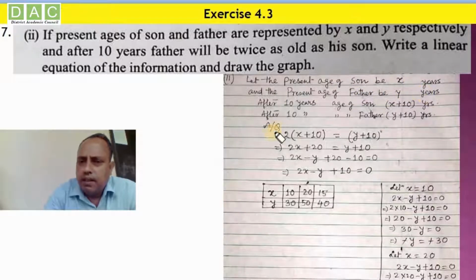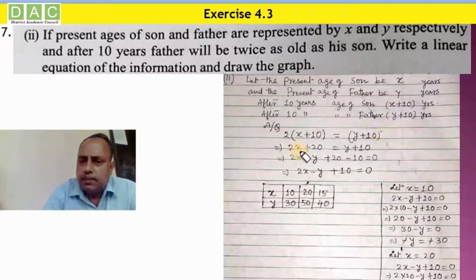After 10 years, the age of son will be x plus 10, and the age of father will be y plus 10. Now twice the age of son means 2 times the son's age: 2 into x plus 10 equals father's age, y plus 10.